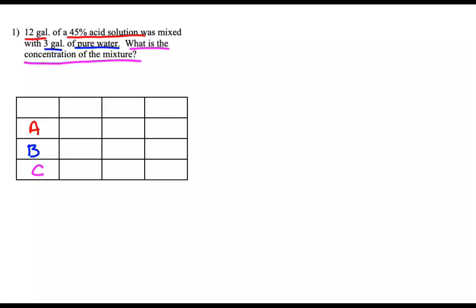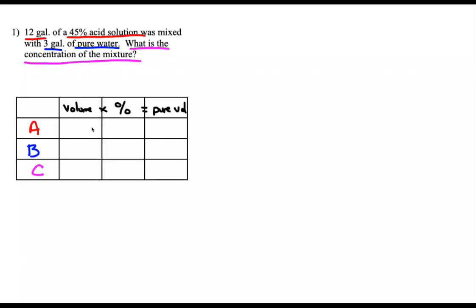And what we know is that if you take the volume of the liquid and you multiply that by the percentage concentration of acid, you're going to end up with the pure volume, how much 100% pure volume of acid there is.